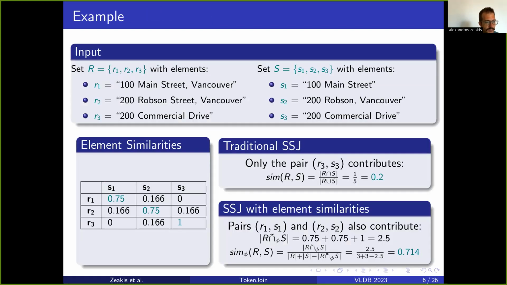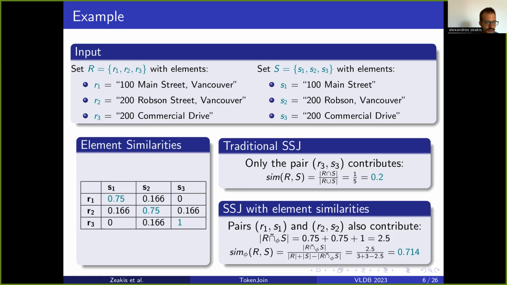Let us now consider an example. Assume two sets R and S, each having 3 elements. We can see that only R3 and S3 are identical, while the other two pairs are similar. Using the traditional definition for set similarity join, we would calculate a very low similarity score of 0.2.